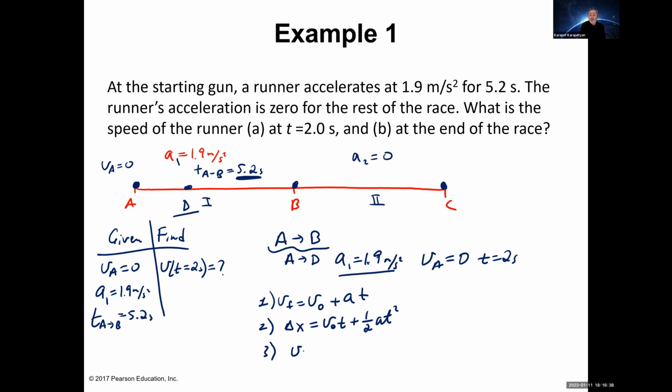Equation 3, V final squared equals V initial squared plus 2 times acceleration times displacement. And then finally, equation 4, displacement equals V initial plus V final divided by 2, that is whole times time.